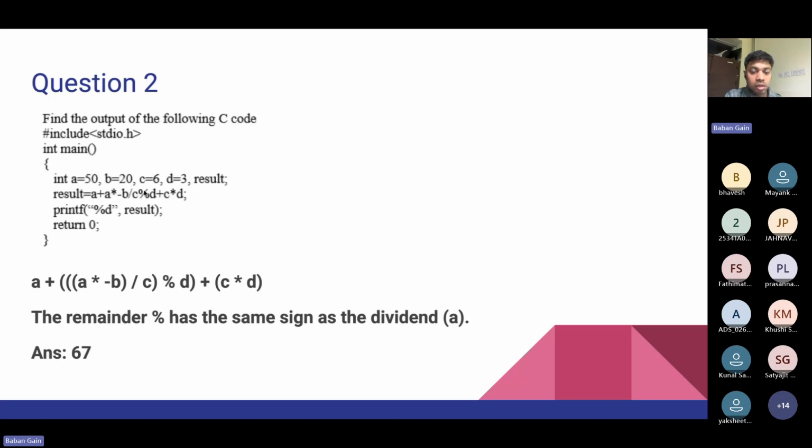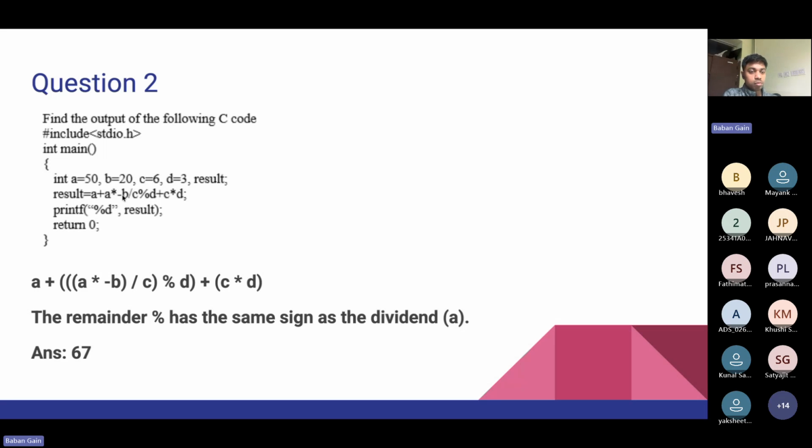So they have the same priority. Sorry, not the same priority. So here this division will be happening first, then the modular operation, and then we have plus C into D here, and we already have A, which is totally separate from the middle one, right?